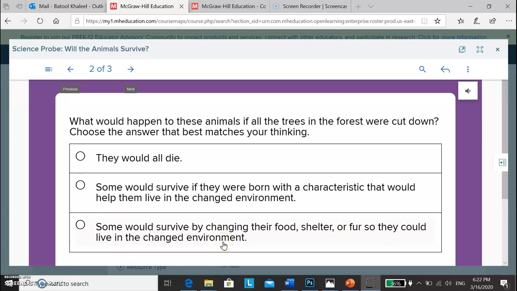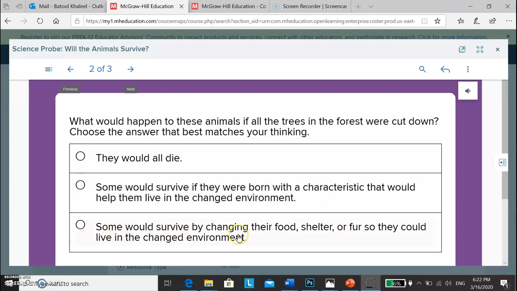So I want you to think, what will happen if you cut all of the trees in this forest? Do you think all animals will die? Or do you think that some animals will survive if they were born with characteristics like adaptation or something like that?